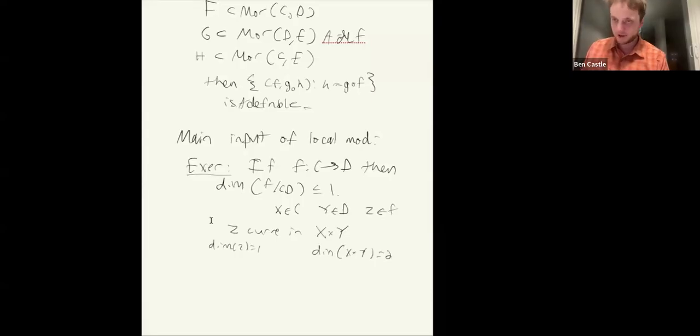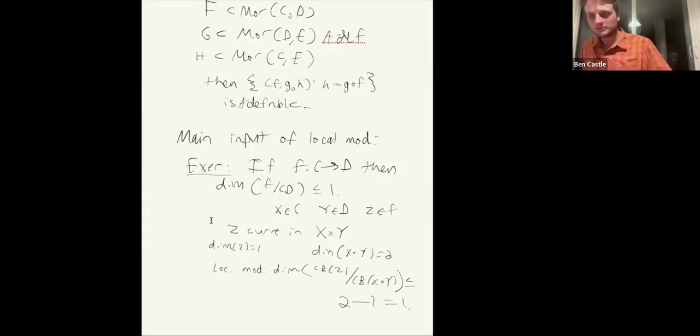Local modularity tells you that the dimension of the canonical base of Z over the canonical base of X times Y is at most 2 minus 1.